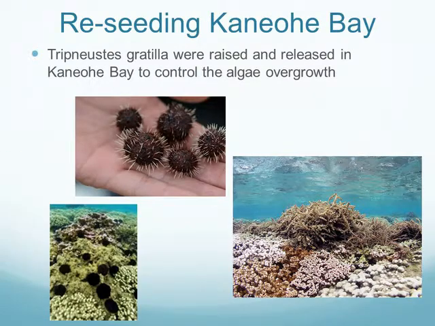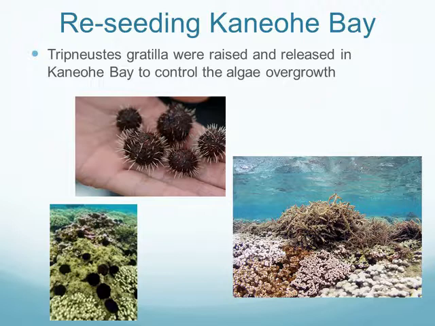There was a project that I was a part of that tried to reseed Kaneohe Bay with this urchin right here. This urchin is known as Tripneustes gratilla. It is a native urchin to Hawaii, and what we were doing was we were trying to raise and mass release these guys into Kaneohe Bay to try to control the algae overgrowth.